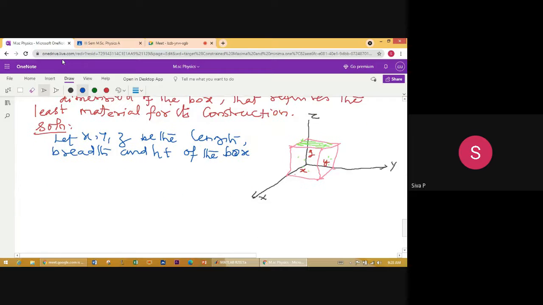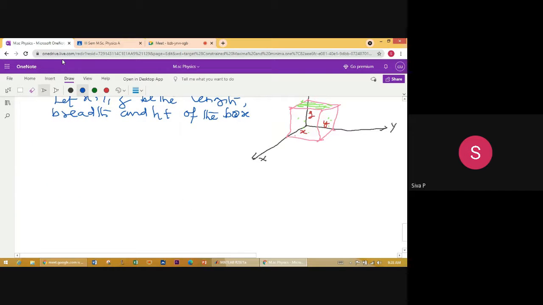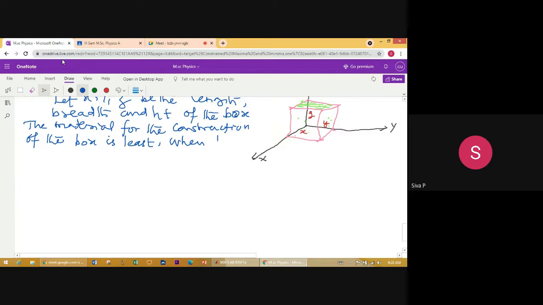The material for the construction of the box is least when the area of the surface of the box is least.